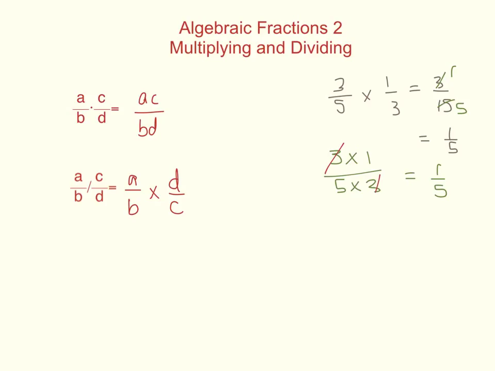Now that we're multiplying, simple job. Multiply the top, multiply the bottom, and that gives us AD over BC. All right, and that is done.